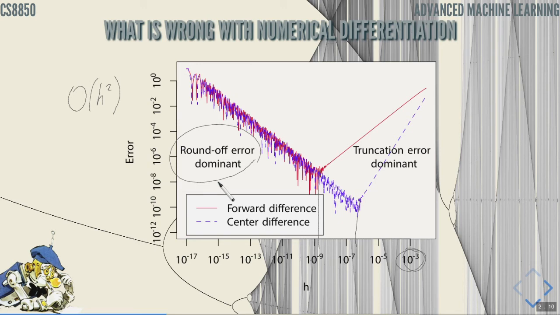While trying to get higher accuracy of your estimate by pushing this limit to zero, going to here, on an infinite precision computer you'd be fine, but on any computer that we have access to, especially those that we want to be fast, that are using a numerical coprocessor or similar techniques, we are in trouble with numerical issues.